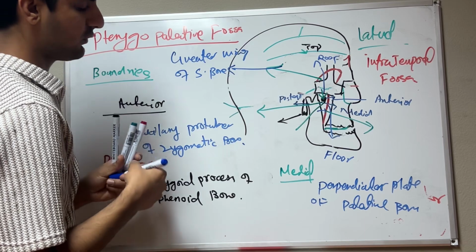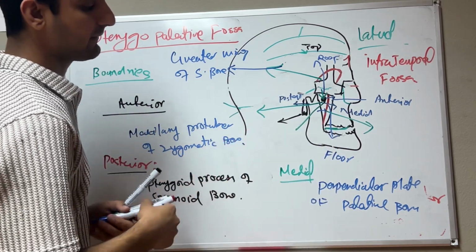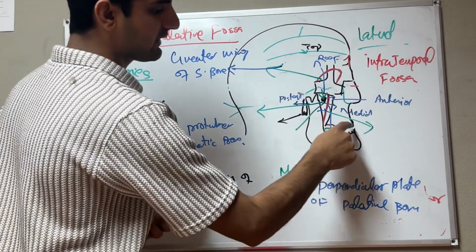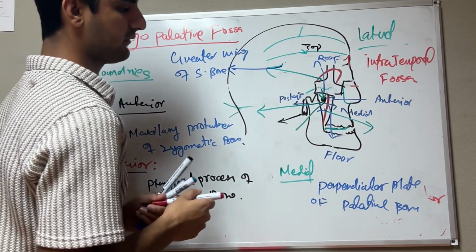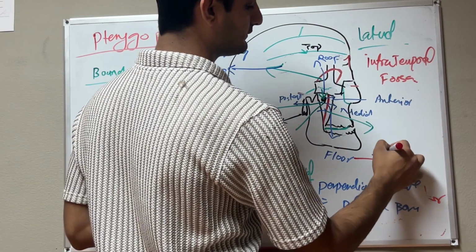Okay, and the floor has a connection here: the palatine bone is located here. This is the location of the palatine bone. Okay, for the floor we have the palatine bone.